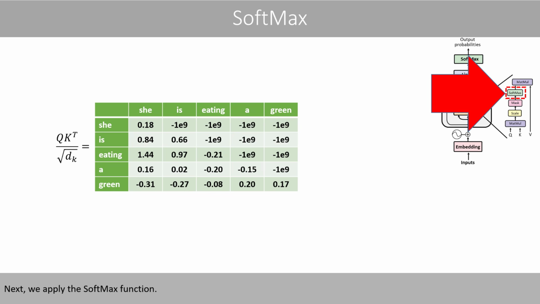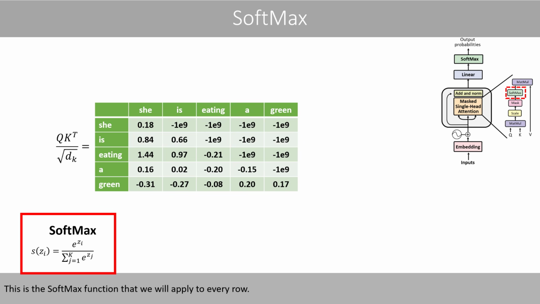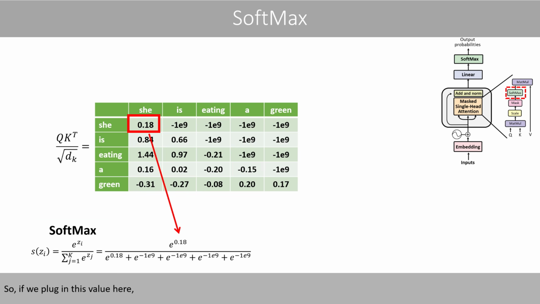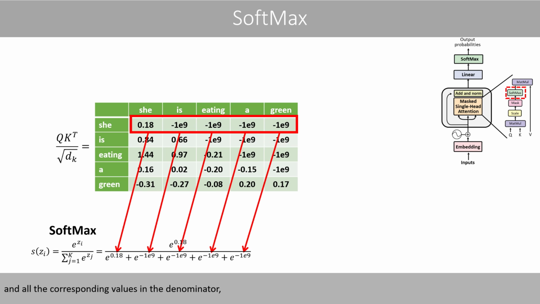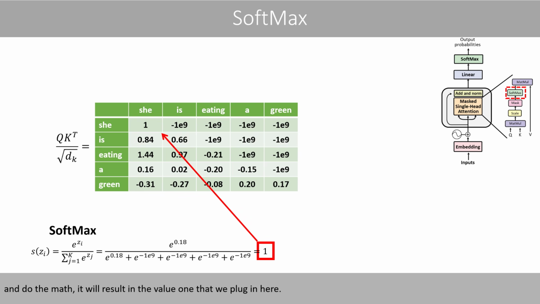Next, we apply the softmax function. This is the softmax function that we will apply to every row. So, if you plug in this value here, and all the corresponding values in the denominator, and do the math, it will result in the value 1 that we plug in here.